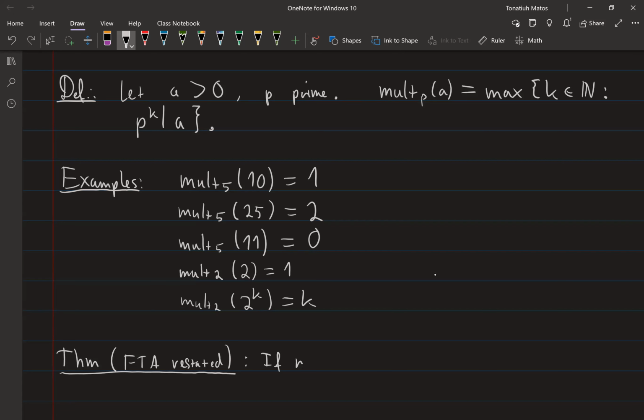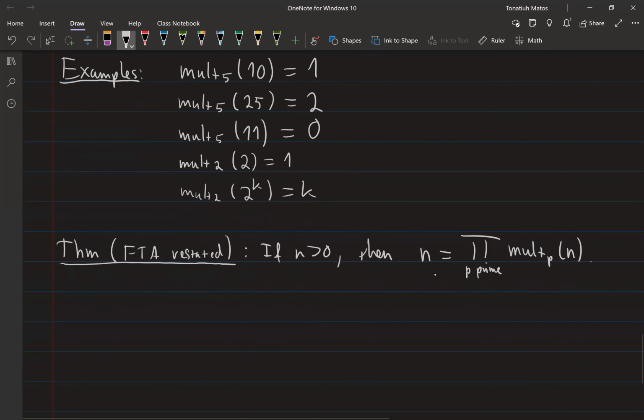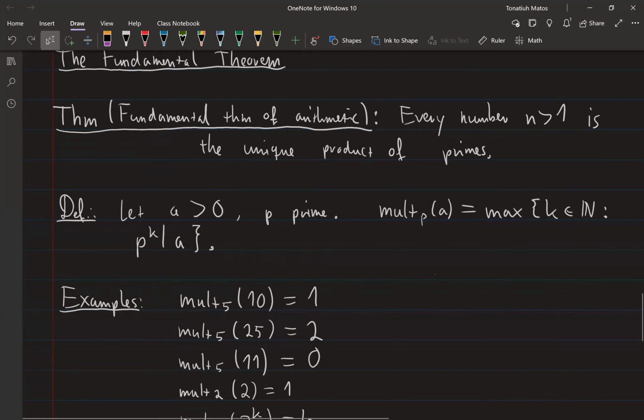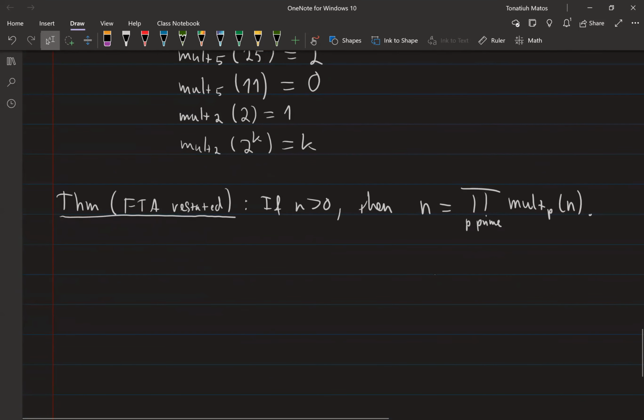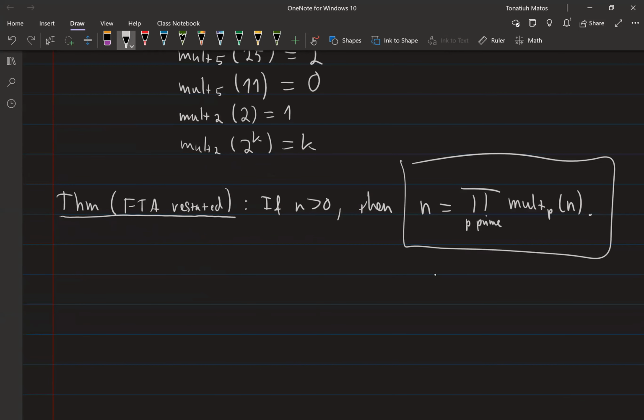So if n is a positive number, any positive integer, then n is equal to the product of the multiplicities of n for every prime number. Right? This is a much more concise and clear way of writing down the same theorem. Here I'm saying, oh, it is some product of some unique primes. Here I'm telling you exactly what the product is, right? You can always determine this.